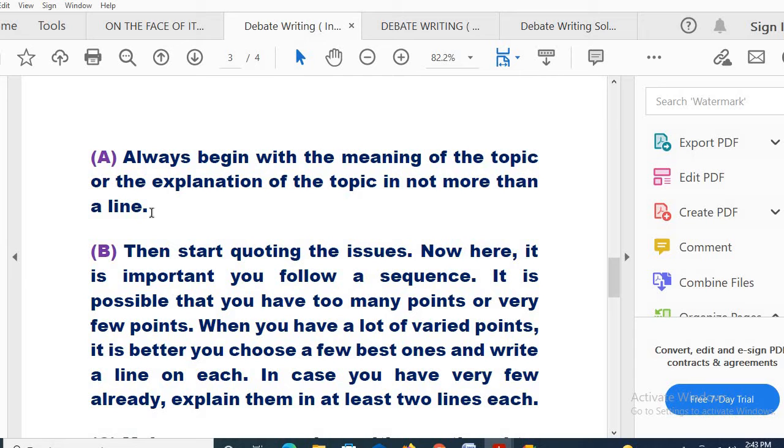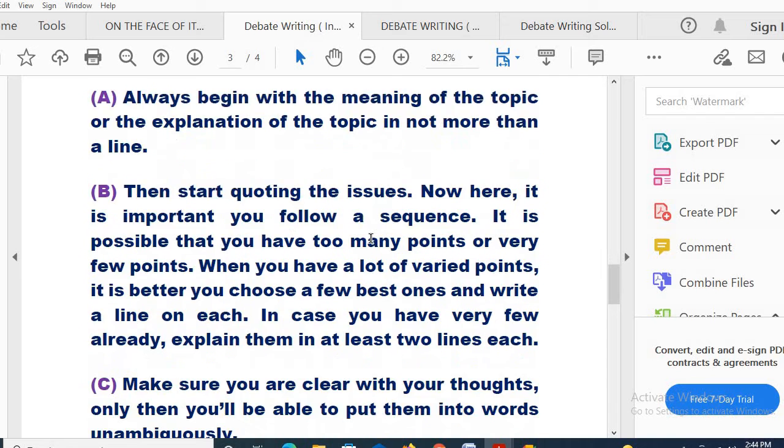Unnecessary things should not be written. When you explain what the topic is all about, don't write more than a line, because you have to write many other things. And at the back of your mind, dear students, please remember the word limit: 120 to 150, which you should not exceed.